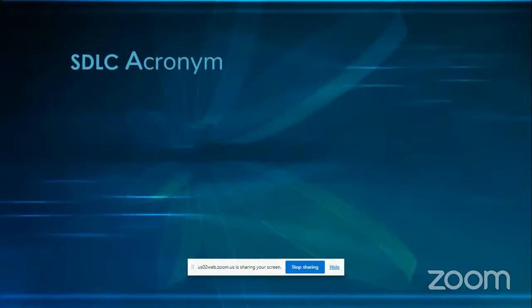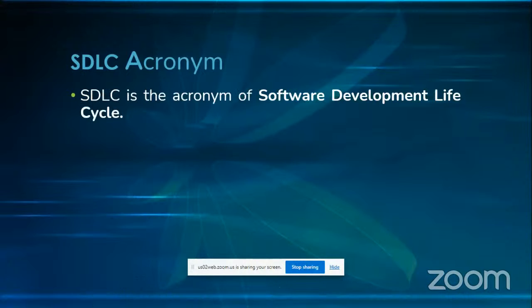So I would start with the SDLC acronym. We've been hearing the word SDLC, SDLC, SDLC. What does this stand for? SDLC stands for Software Development Life Cycle.